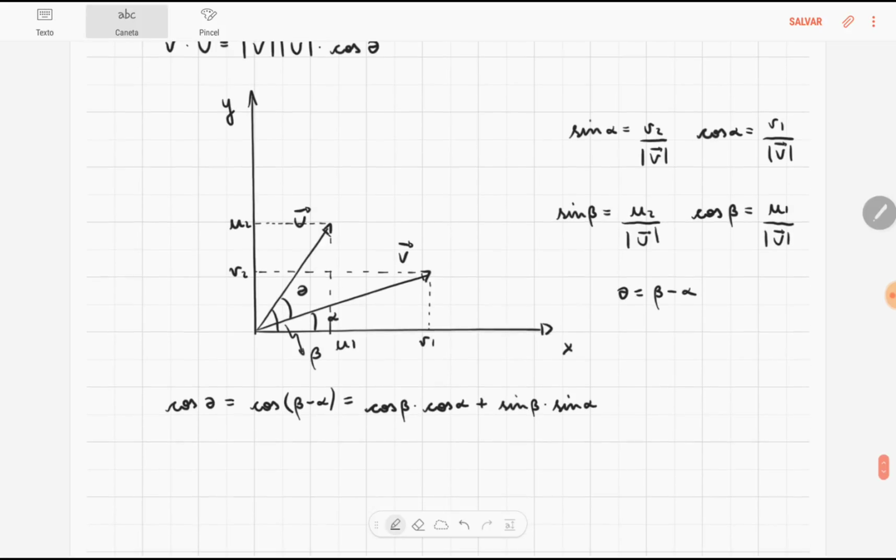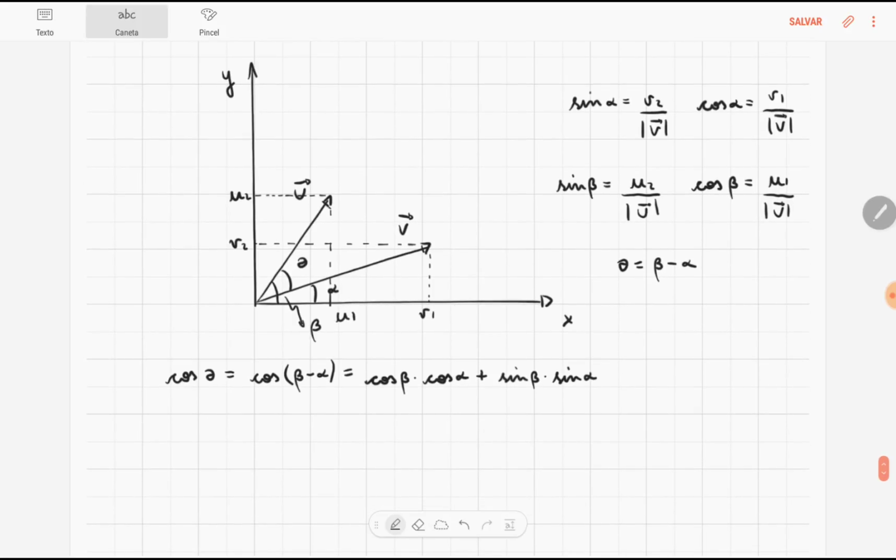So according to the relations above, we may write that the cosine of theta will be equal to, I'm gonna substitute this by this one here. So we know that the cosine of beta is equal to u1 over the magnitude of vector u. And also we know that the cosine of alpha is up here.